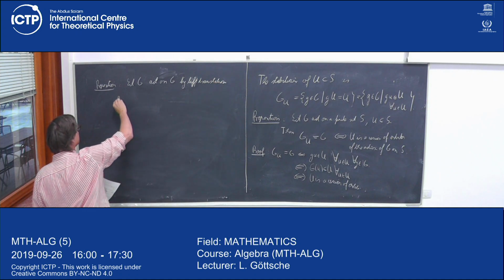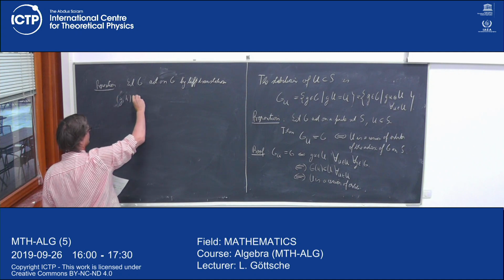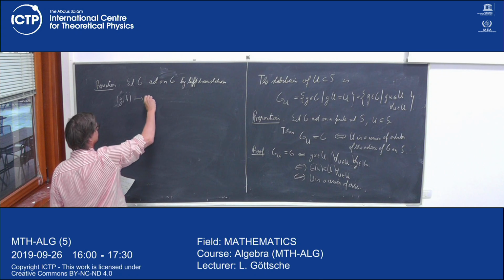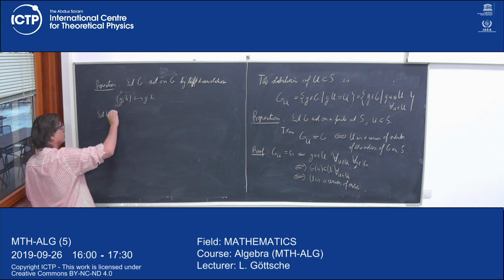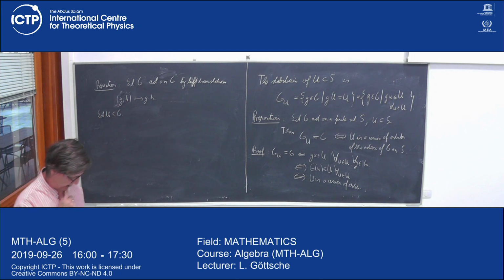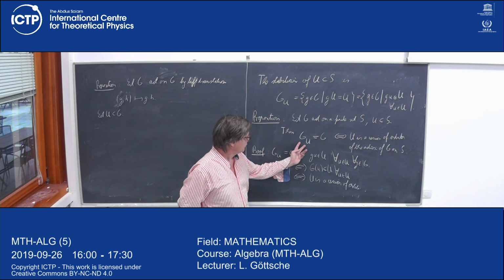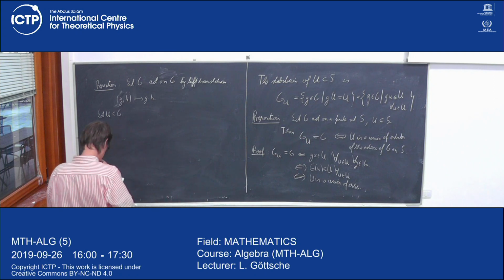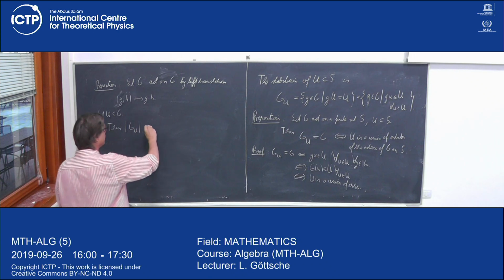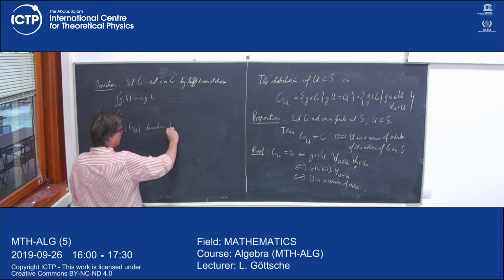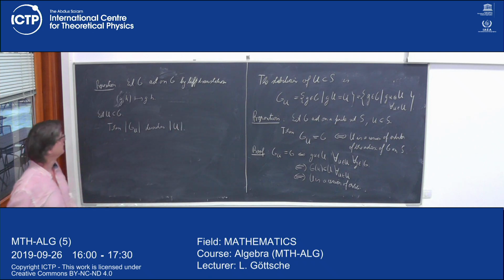So the action of G on H is just by multiplication. If I take any subset U of G, then the statement is that the number of elements in the stabilizer of U will divide the number of elements in U.